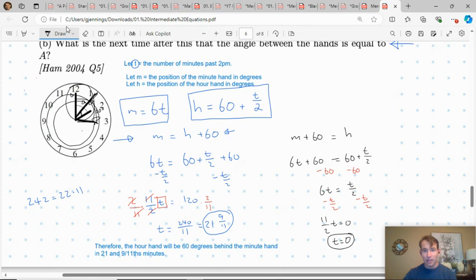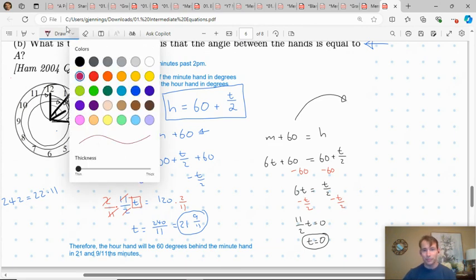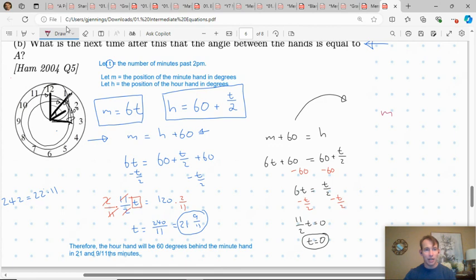So instead of doing plus 60 over here, allow me to do this again correctly over there, and this time in purple, we will have the position of the minute hand there is equal to the hour hand plus 300. That's how we need to set that up.